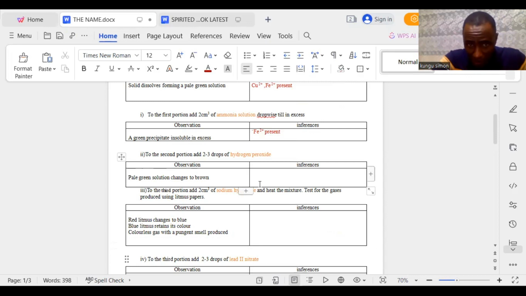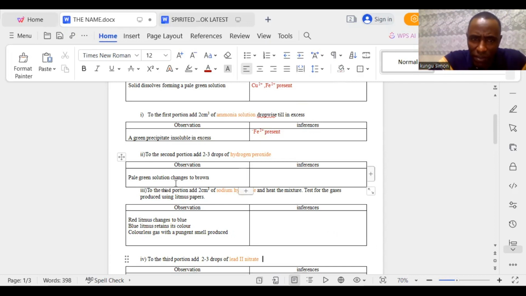Therefore, oxidizing agents accept electrons. And every time they remove electrons from other substances, the substance that is being oxidized has its oxidation number increase.